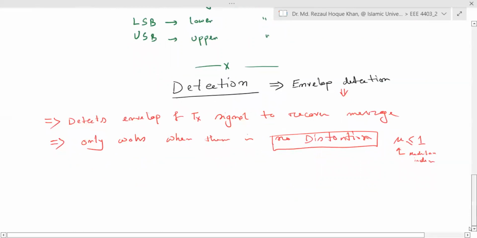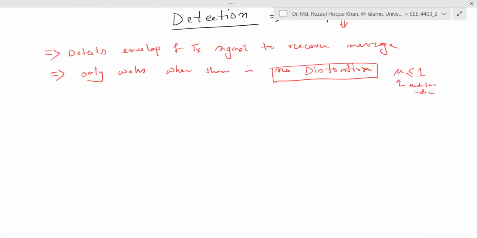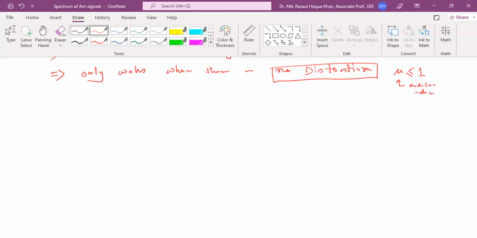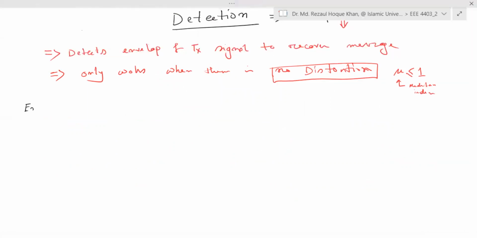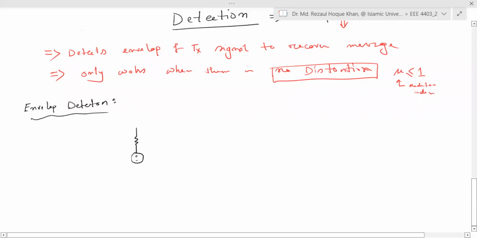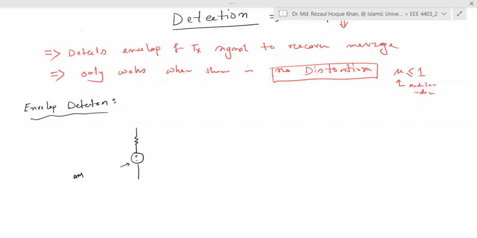The envelope detector circuit looks like this. For example, we have a source resistance connected to an amplitude modulated input, so this is the AM input signal.